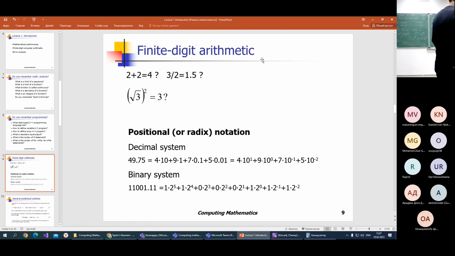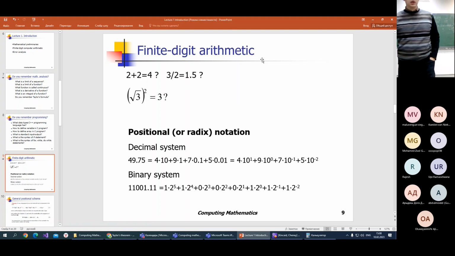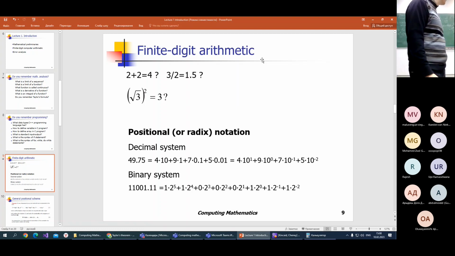every number that we write here as a decimal number is stored in computer in binary form, in binary system of notation.